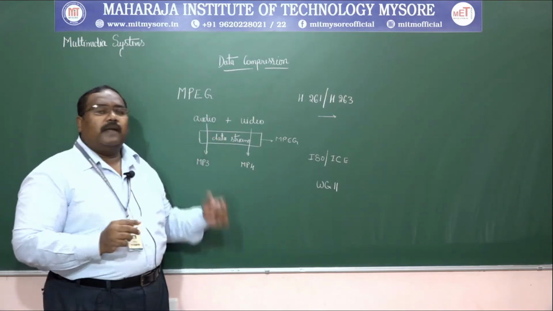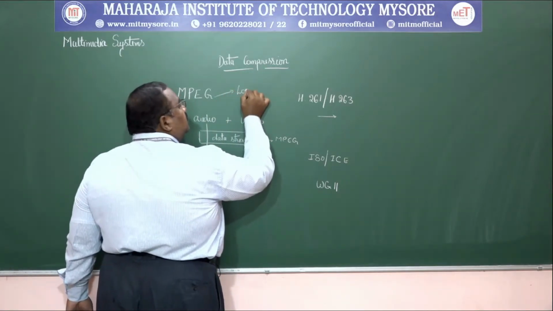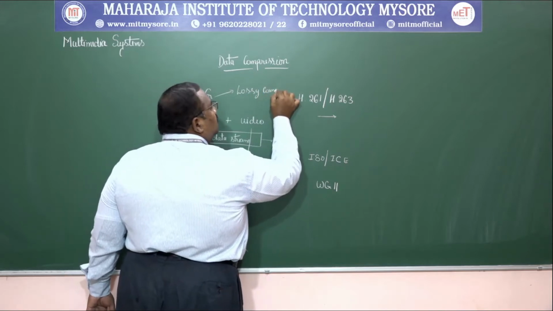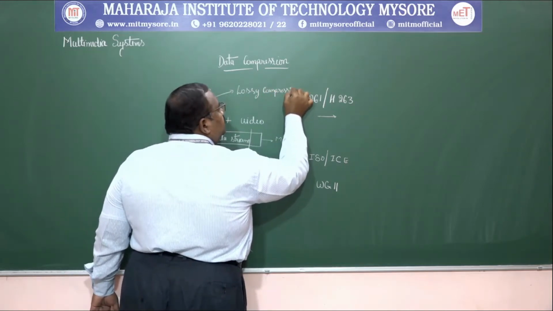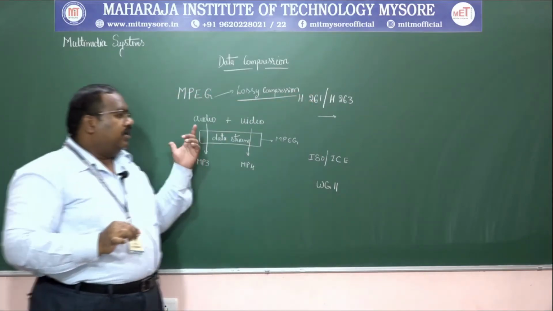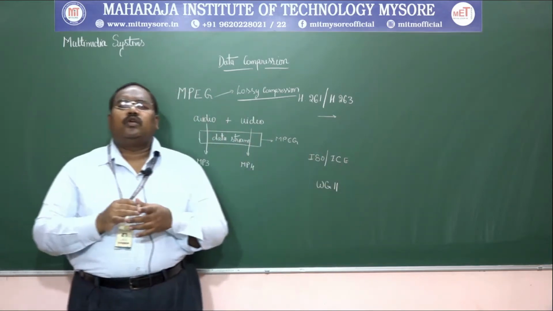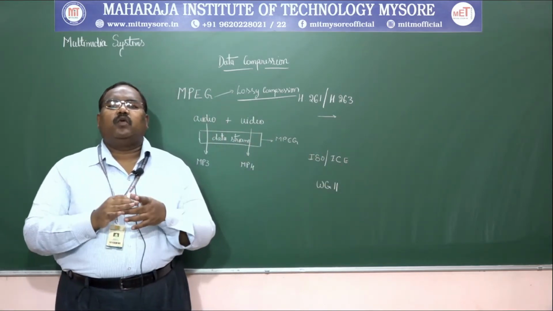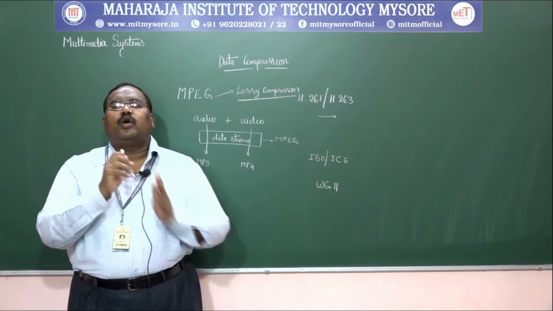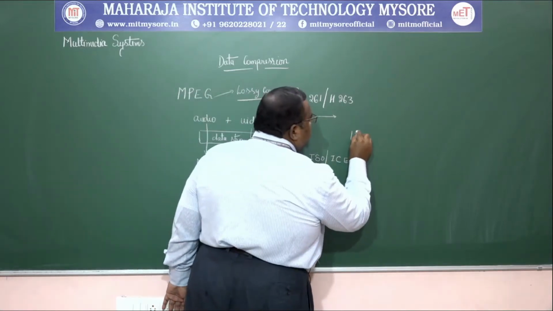When you talk about Mpeg, it is a lossy compression, you know that. It comes under the category of lossy. So it was defined by the ISO and IEC standard. The main goal of the compression with respect to Mpeg was to compress the data stream at the rate of about 1.2 megabits per second.